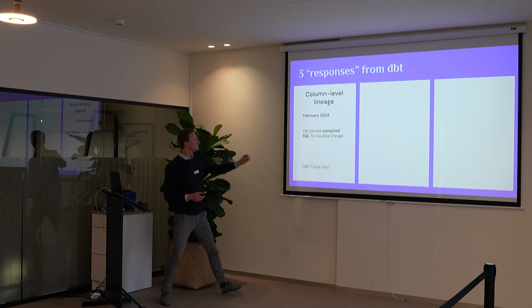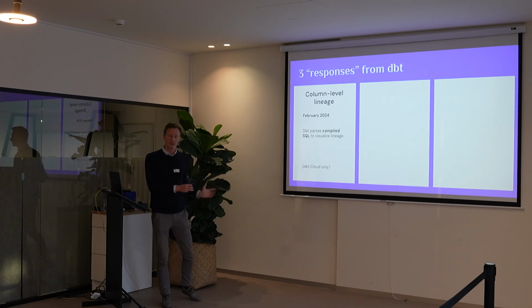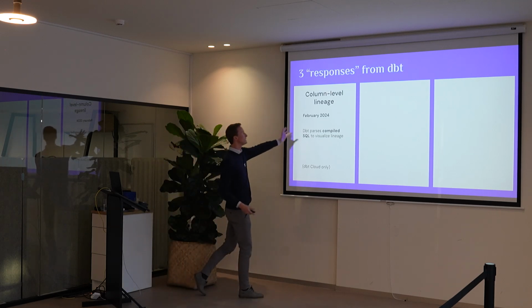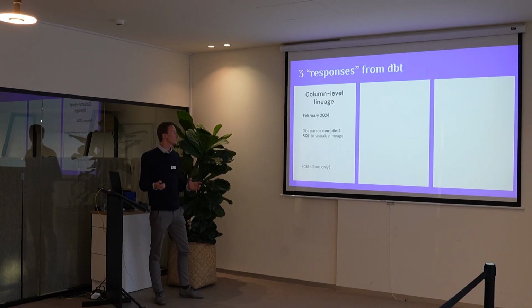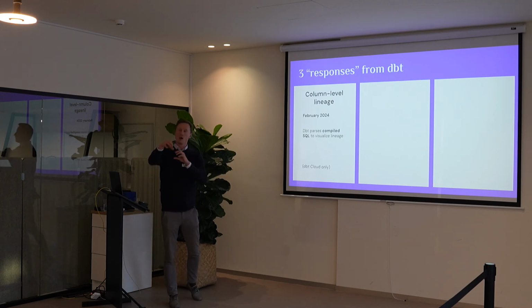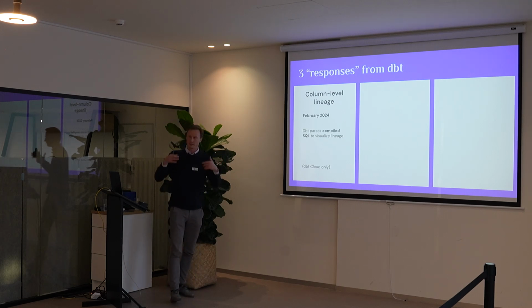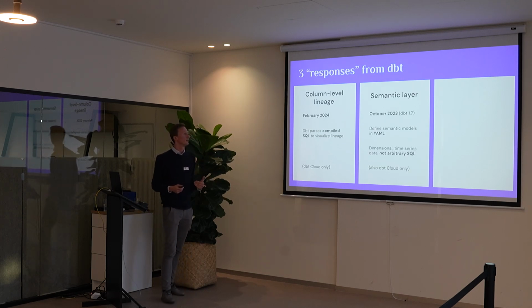So in DBT, if you have macros and complex logic that generate SQL, DBT will only parse the output of your compilation of SQL queries, whereas SQLMesh really understands everything structurally, including all the macro calls and logic that generates the SQL. So it's an extra level of semantic understanding.